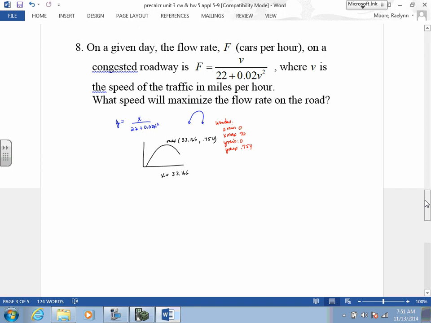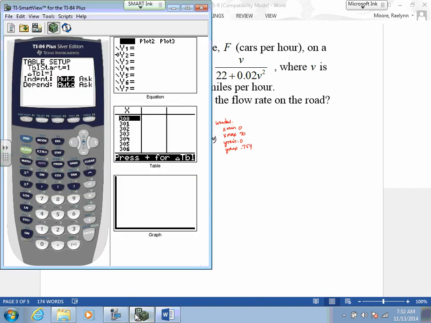So everybody pull up your calculator and let's put this in your calc. Just like you read it. If you need to use your fraction key, that's fine. And use your X instead of a V. You can use your fraction key or just use parentheses in your denominator.